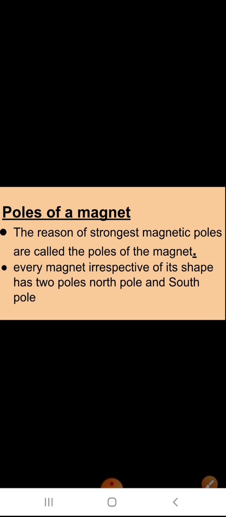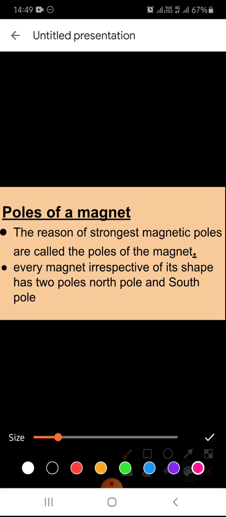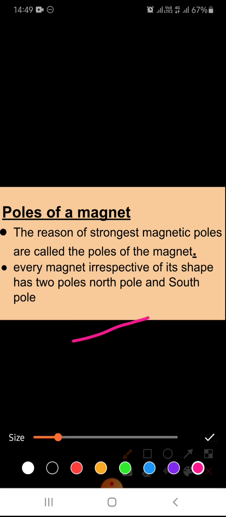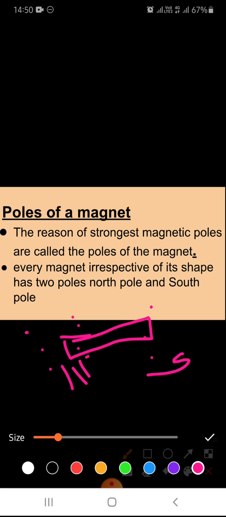Poles of a magnet, as we have already studied, in a magnet two poles are there: north pole and south pole. And what is the pole? Pole is the strongest attraction point in the magnet. So these two ends of the magnet are known as its poles.